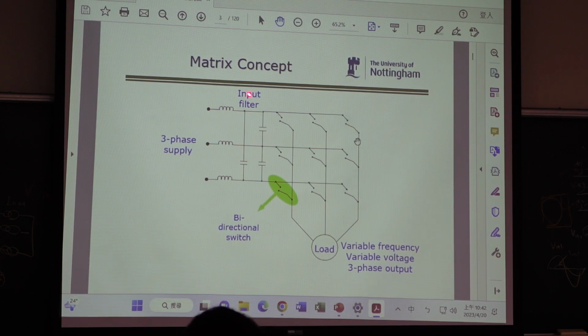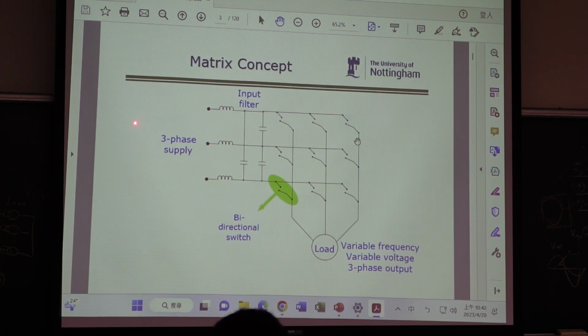So what is a matrix converter? We need 1, 2, 3, 4, 5, 6, 7, 8, 9 AC switches. So we call this an AC switch or bidirectional switch. And then we can drive a motor, but it is AC to AC.